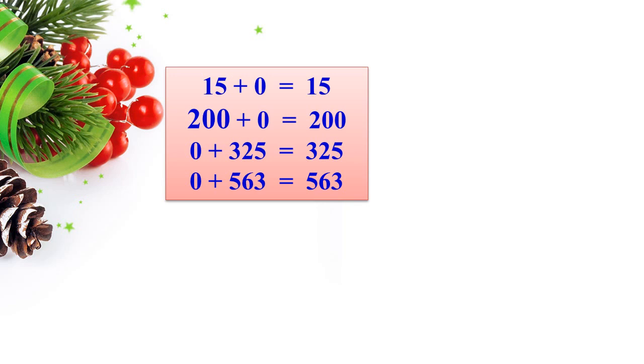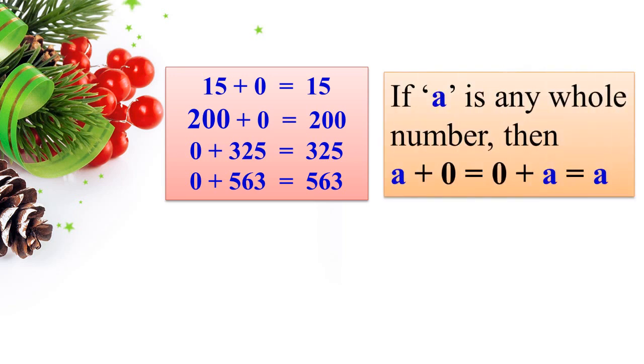So we learn from this, any whole number added to 0 or 0 added to any whole number gives the same value. Therefore, if A is any whole number, then A plus 0 equal to 0 plus A equal to A.